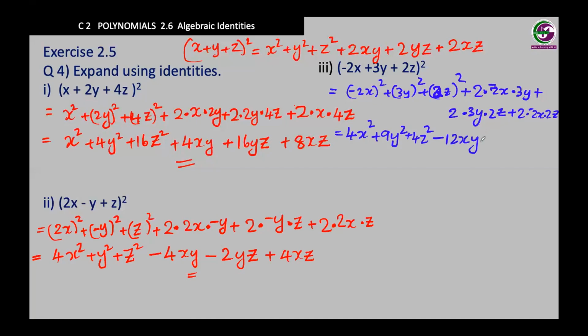There is no minus, so it is plus 6 times 2 is 12yz. You have a minus, so it is minus 4 times 2, 8xz. That's the final answer.